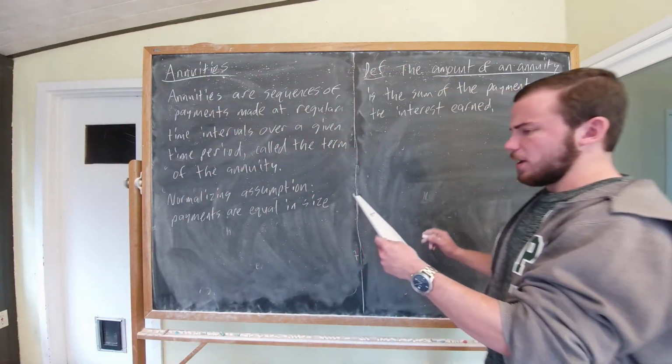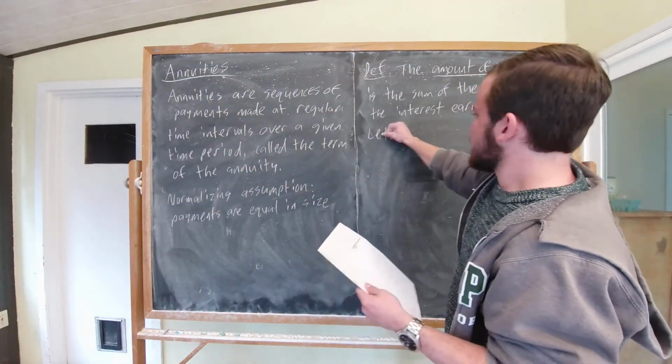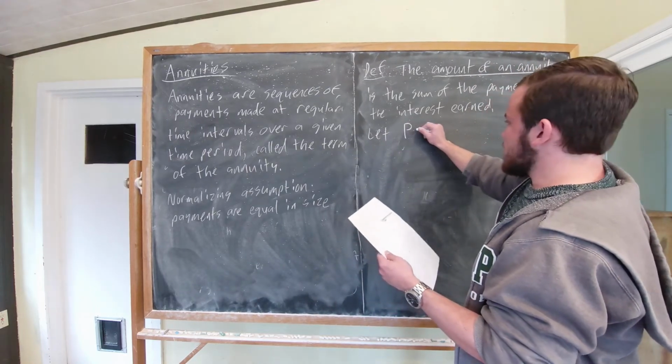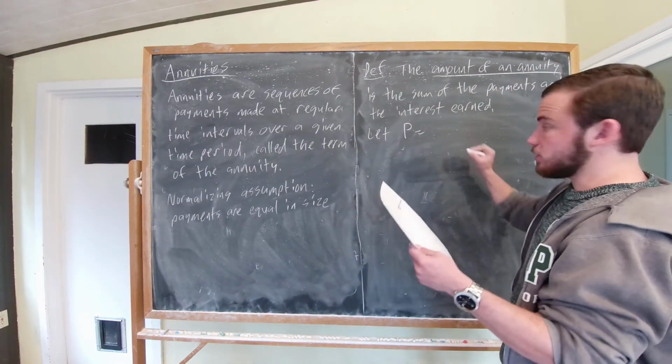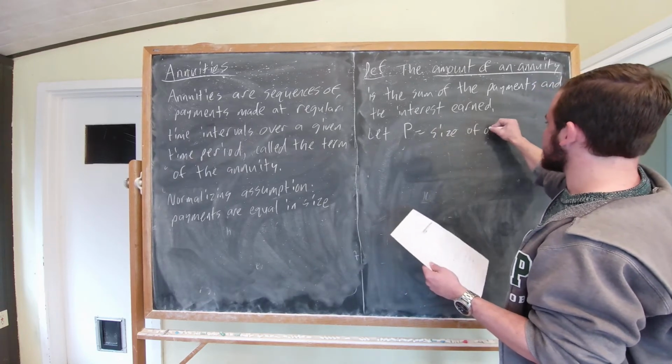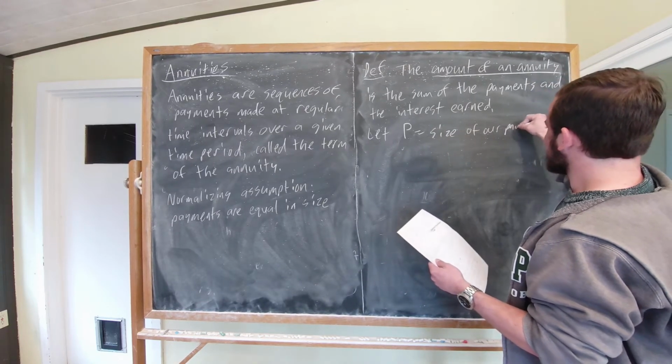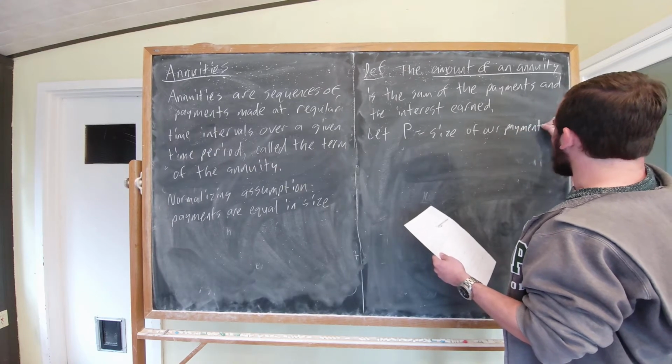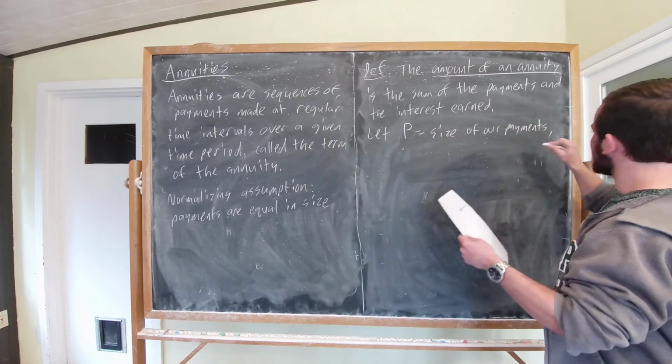All right, so if we let capital P, now instead of principal, be the size of our payments. Think, oh, I'm paying $20 a month here.